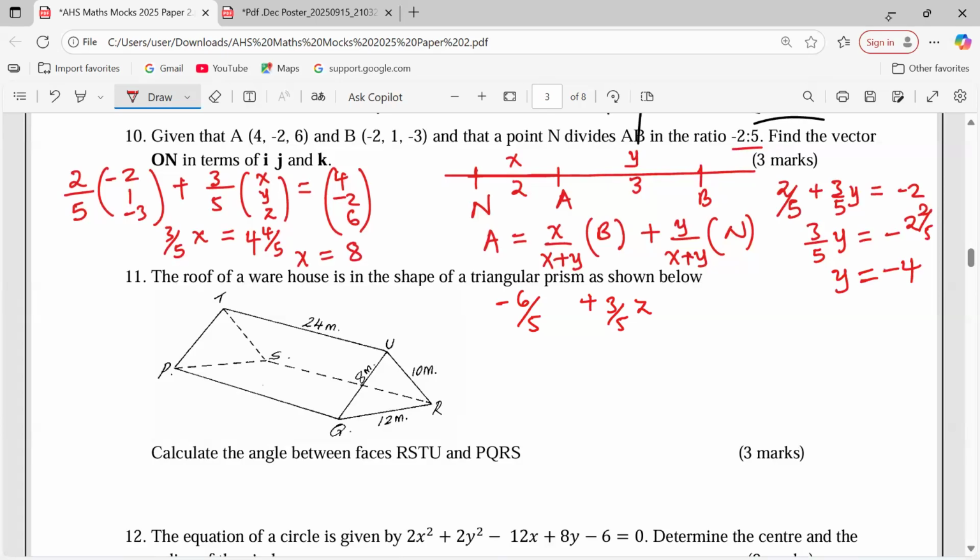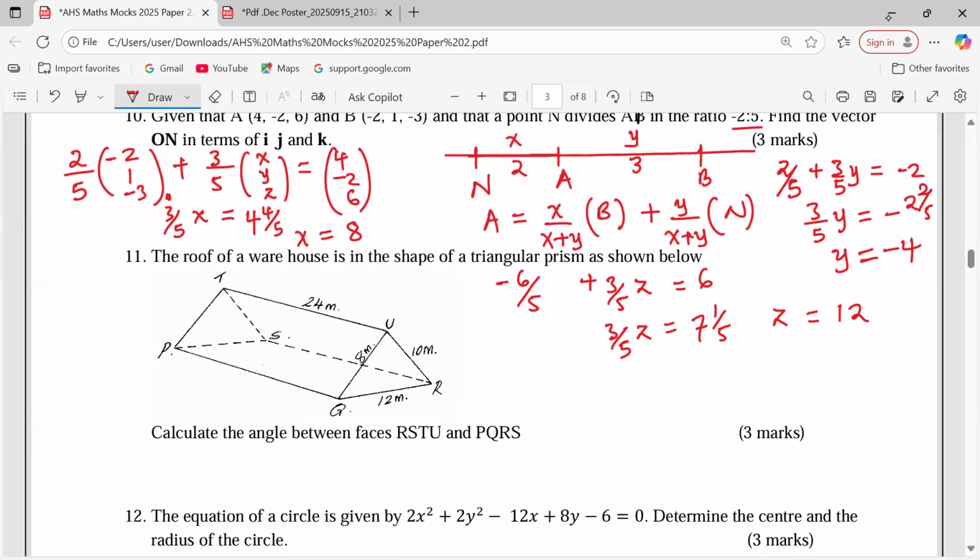This one now from this point here. 3 over 5, that's multiplying z, equals to 6. So that's to remain with 3 out of 5 z. Then we need to take 6 plus 6 over 5. This gives us 7 and 1 over 5, meaning that the value of z can be gotten when we multiply both sides by 5 over 3. And this gives me exactly 12.